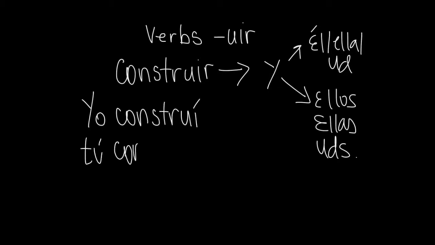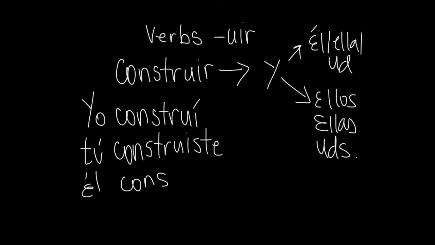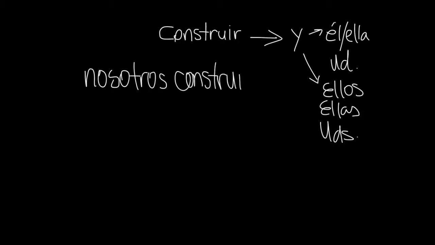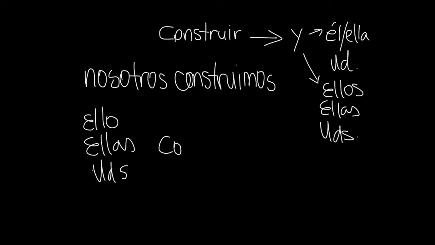So if in the form of yo it is construí, and in the form of tú it is construiste, then in the form of él, ella, and usted, it will be construyó. Now for nosotros it will be construimos, but for ellos, ellas, and ustedes, it will be construyeron.